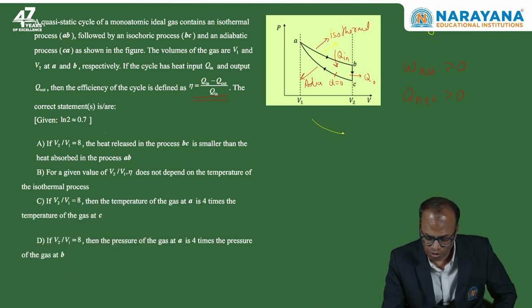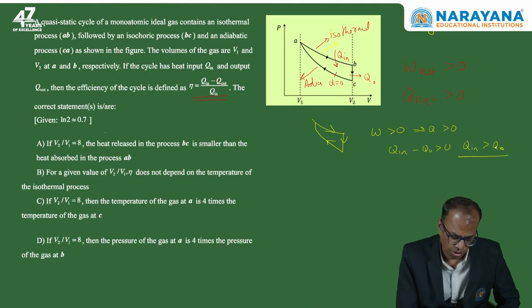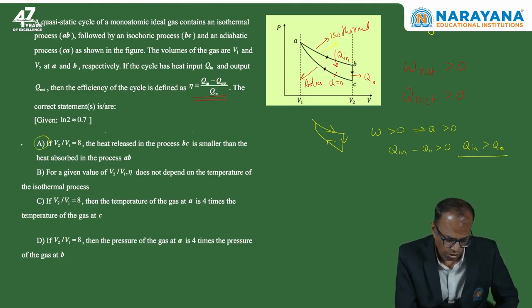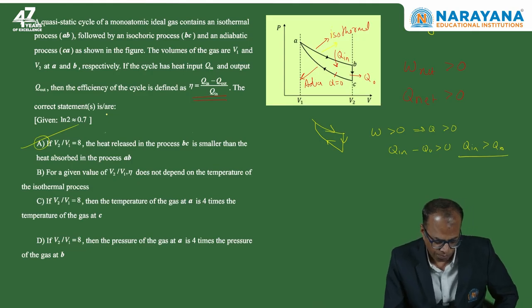I can see this process. So this is expansion, positive work, 0 work, negative work, positive work is more. So W is greater than 0, hence net Q has to be greater than 0. So Q in minus Q out has to be greater than 0. So Q in will be greater than Q out, and it will be independent of this ratio V2 by V1. It just depends on this clockwise nature. So option A is correct.